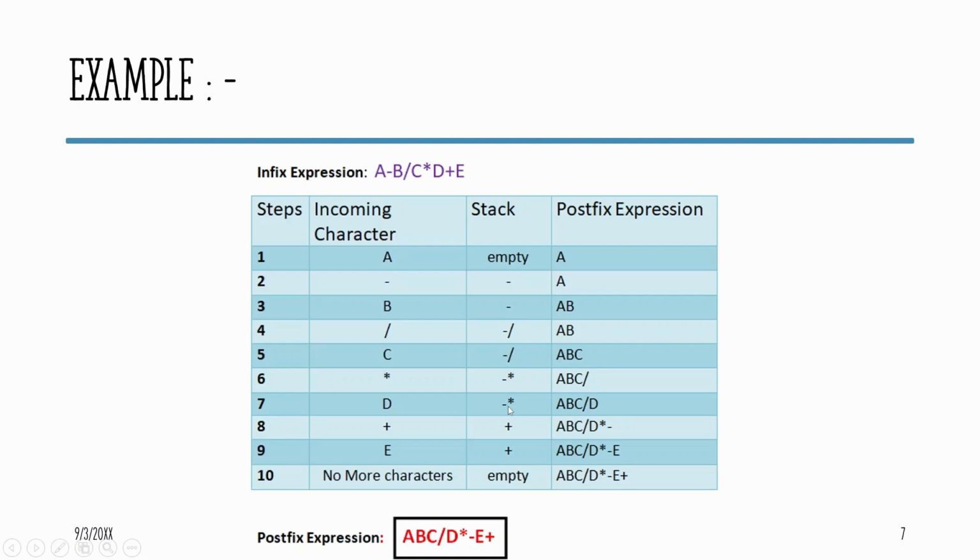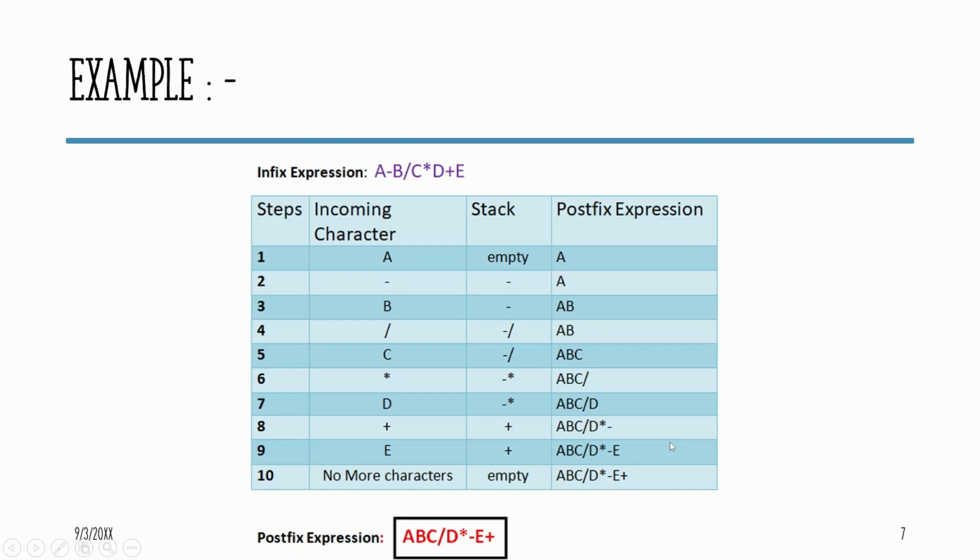So minus has equal precedence to the plus. As we know, if it is equal or greater precedence, we simply have to pop it out. So we again popped out the minus and then simply added the plus into the stack as the stack was empty.